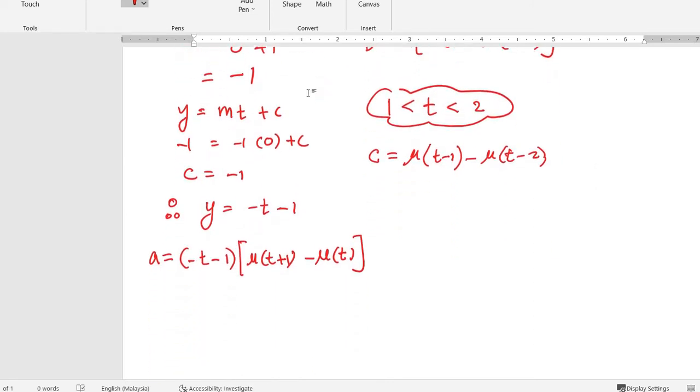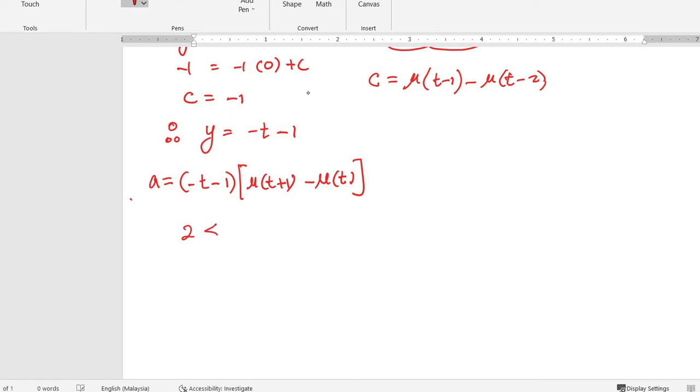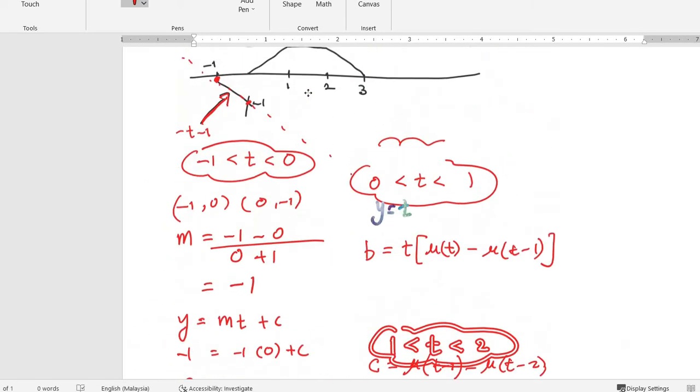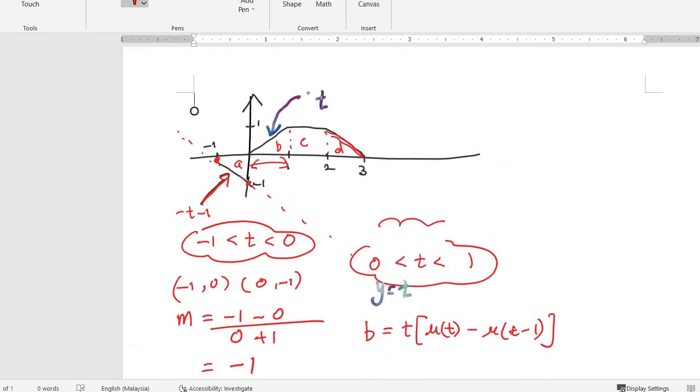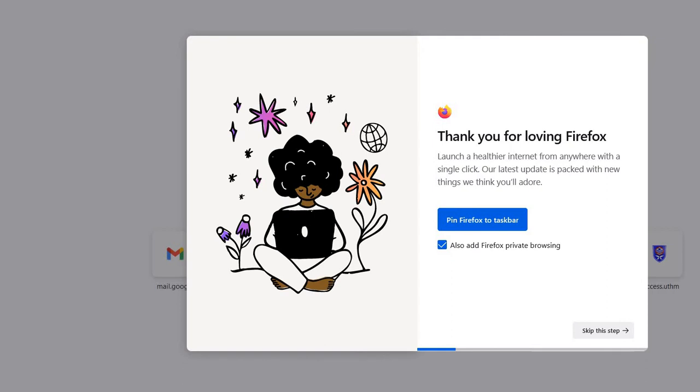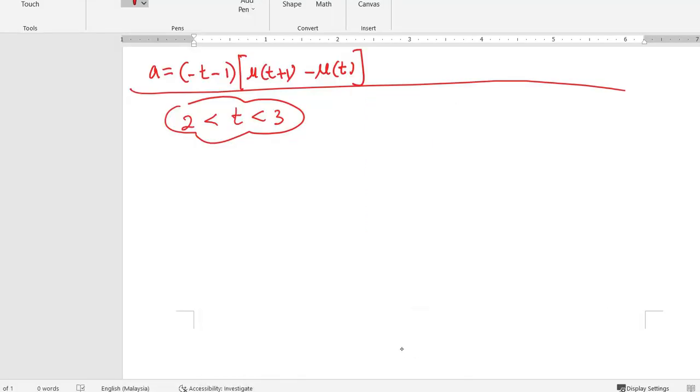Then D. The next line is from 2 to 3. You want to do this line. Perhaps this one is hard, and you are not sure where this line crosses, so you have to calculate using the same method again. You have two coordinates, you find the m, and you get m is minus 1.